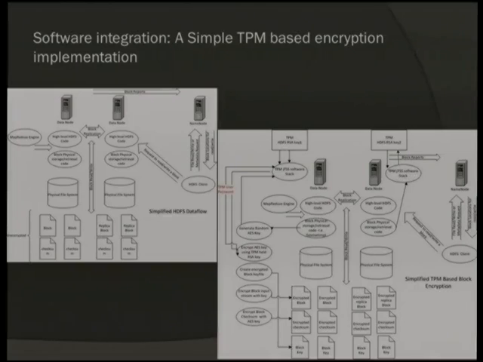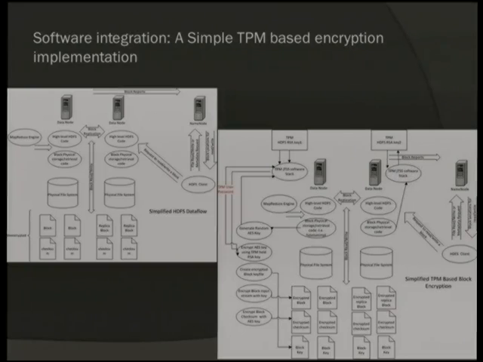In the picture on the right, I've taken that low-level code and altered it. Each time a block comes in to be written, it generates a random AES key, using the TPM as a random number generator.